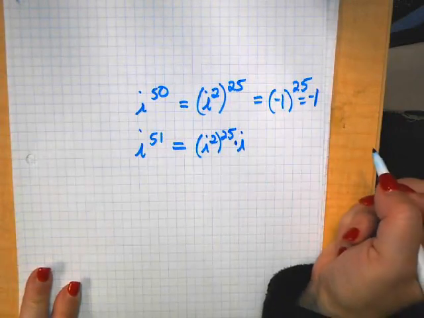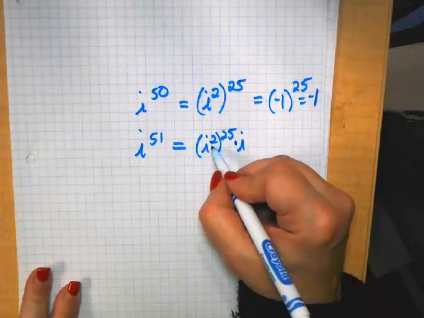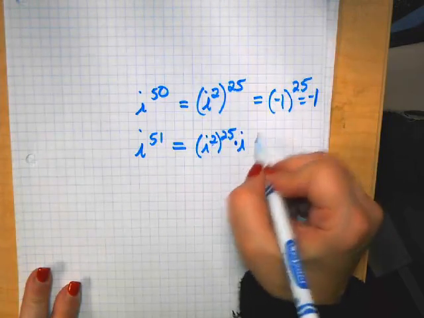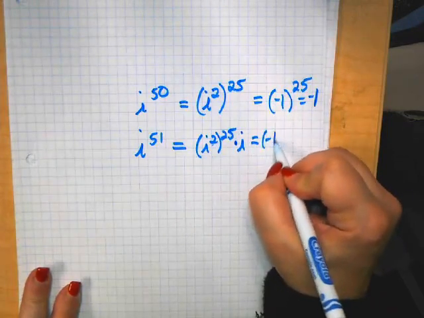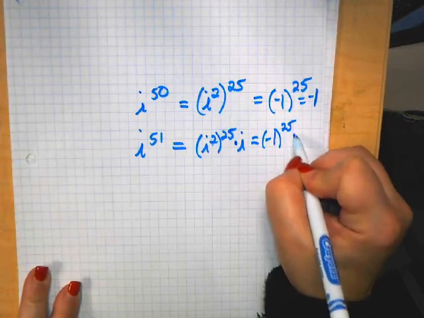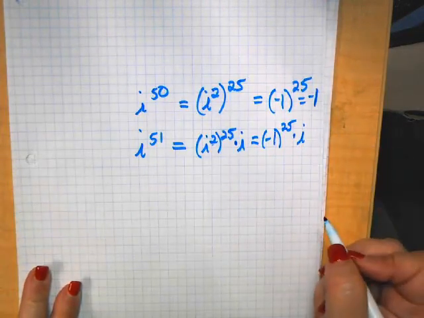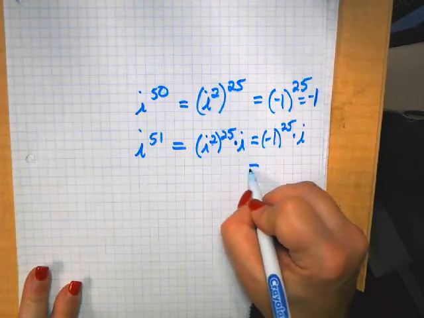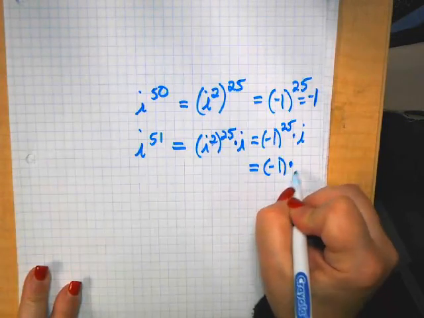We already saw that this result is the same as -1 raised to the 25th, but with the extra i. That means that I am multiplying -1 times i, so my answer will be -i.